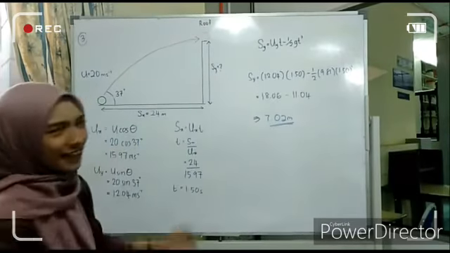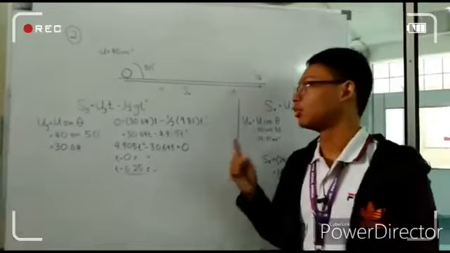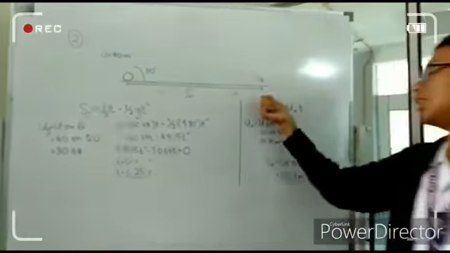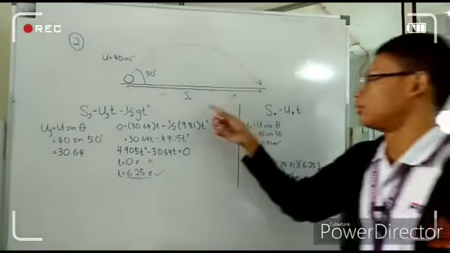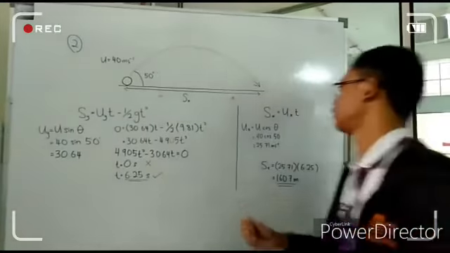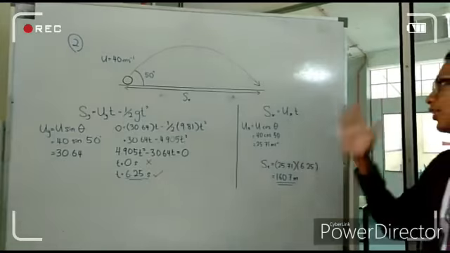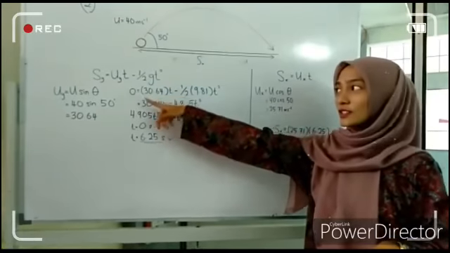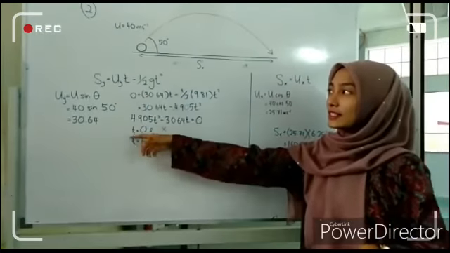Because this question is to calculate how far from the starting point to the end point, which is sx, we can use this formula. But based on this question, we will use this formula sy equal to uy minus 8.